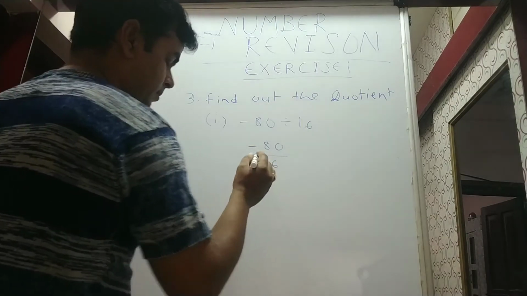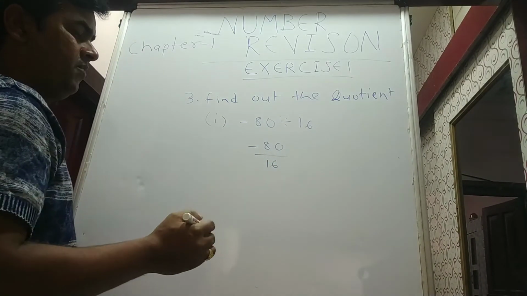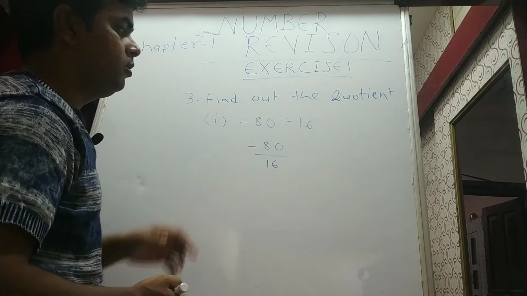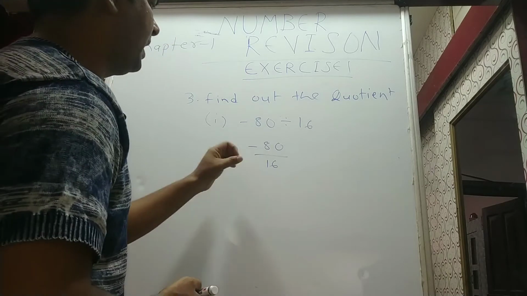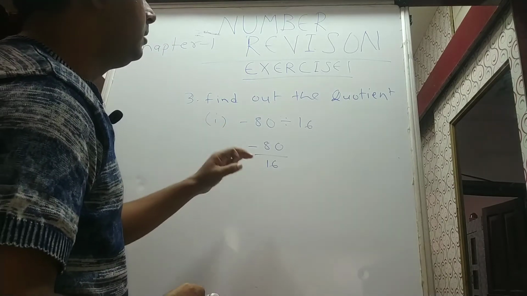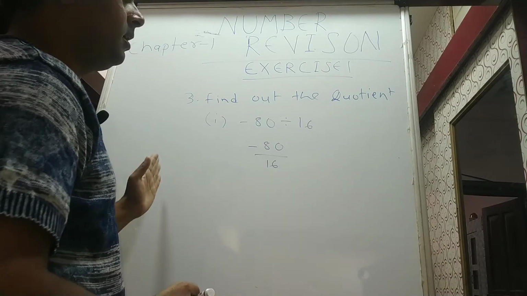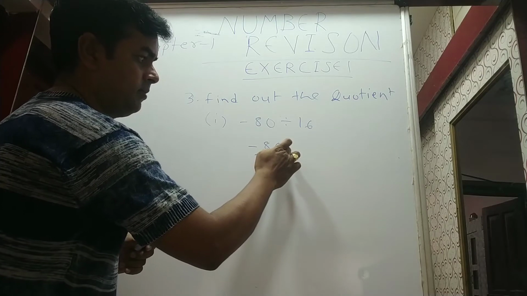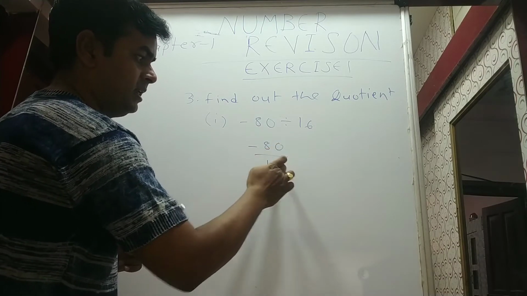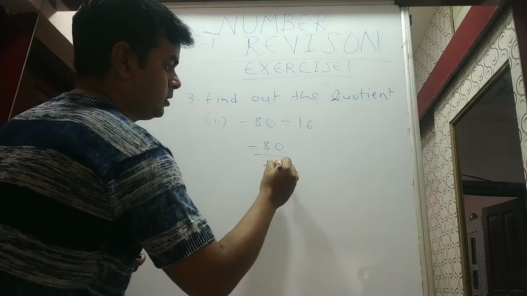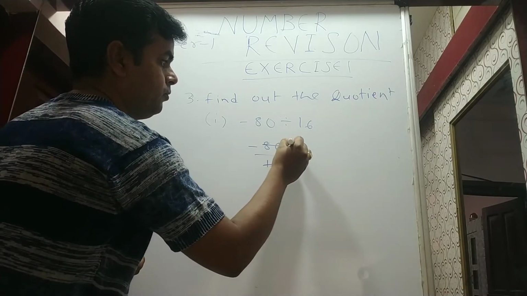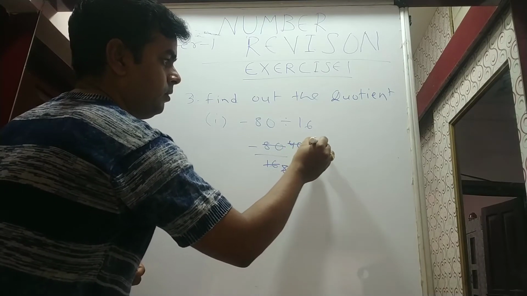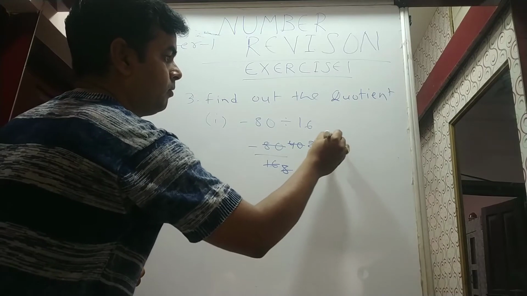Whenever you see plus and minus signs in a numerator and denominator, for some time forget the signs. Just divide the numbers, what you did till the previous class. This is divisible by 2, and this is also divisible by 2. 2 8s are 16, 2 4s are 8, and so on; 5 is the result.